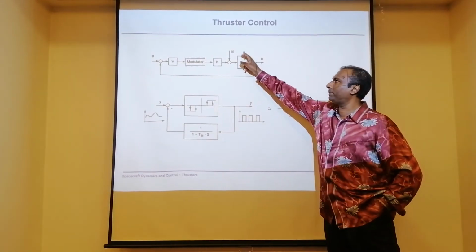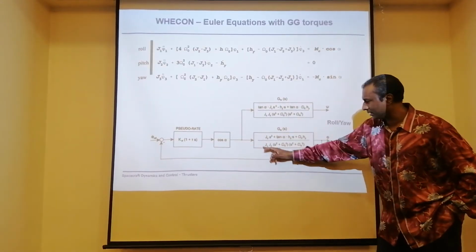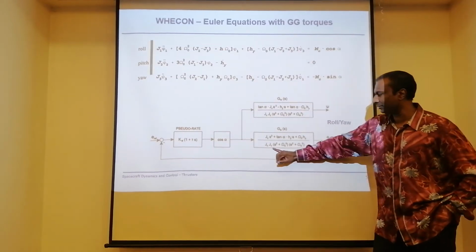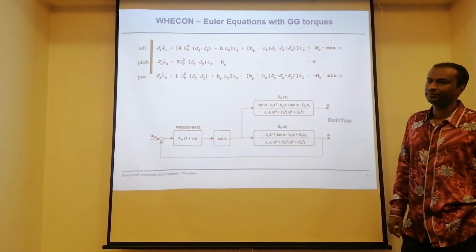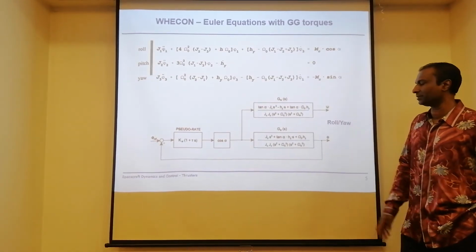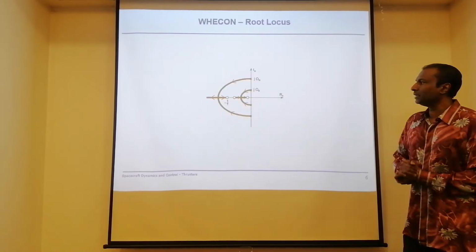This is the exact plant that you are talking about. You will have a second order system. This is practically a second order system, because the equation actually is like that.